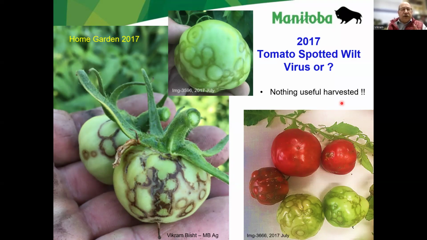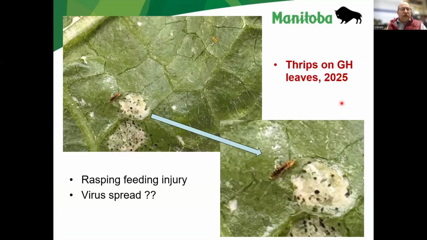I'm showing this here so that if you ever see some of these symptoms, can you please keep some of these samples and let me know right away, and we'll try to diagnose. The disease can spread into the greenhouses and be a big trouble. Anyway, I have seen some thrips showing up in our greenhouses as well.